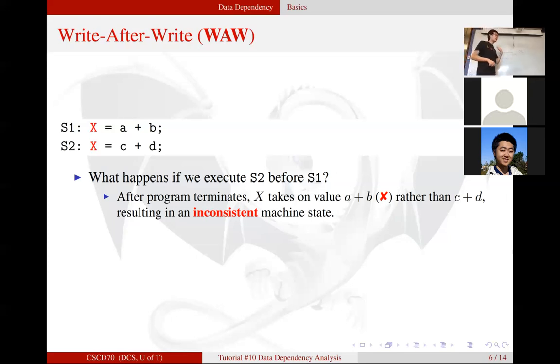Whereas if we execute S2 before S1, X will take on the value A plus B, resulting in an inconsistent machine state, which is something that we don't want.